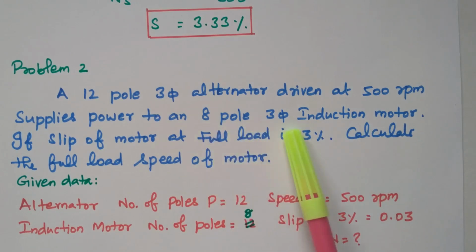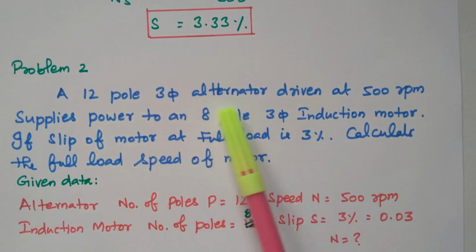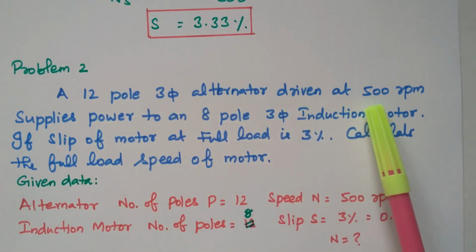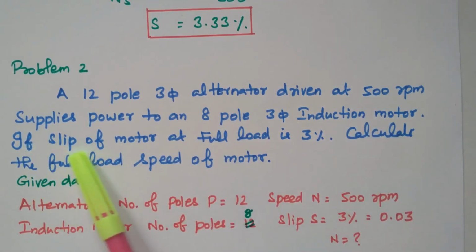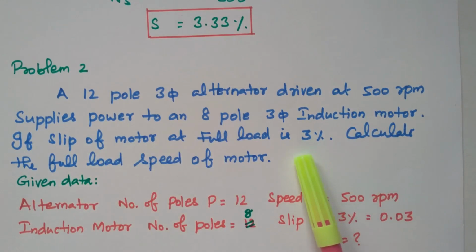So the 8 pole 3-phase induction motor is driven by the 12 pole 3-phase alternator, which is rotating at a speed of 500 rpm. If the slip of the motor at full load is 3%, the slip of the induction motor is given. Calculate the full load speed of the motor. We need to find the full load speed.